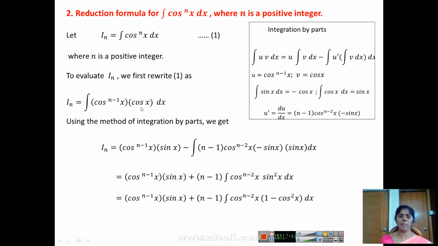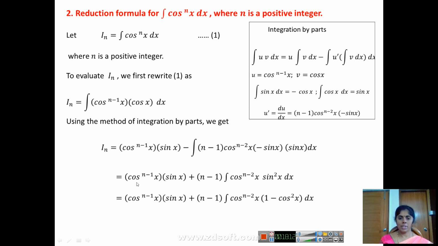Here we have two functions. Using the method of integration by parts, we can write In equals the first function, cos to the power n minus 1 of x, into the integral of cos x, minus the integral of the derivative of the first function, n minus 1 into cos to the power n minus 2 of x, times the derivative of cos, which is minus sine of x, and the integral of cos x is sine x, into dx.